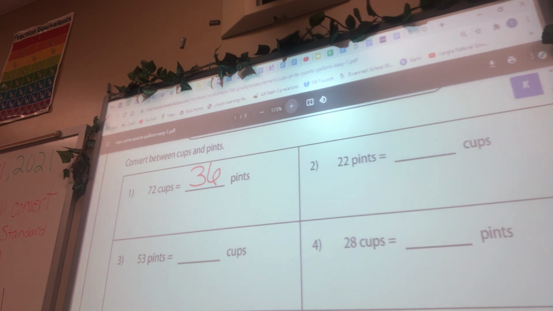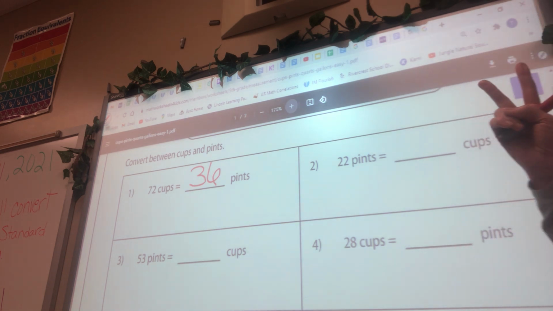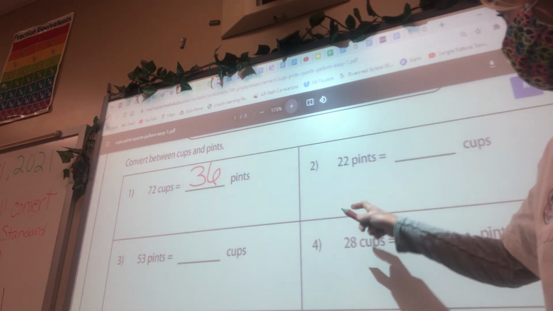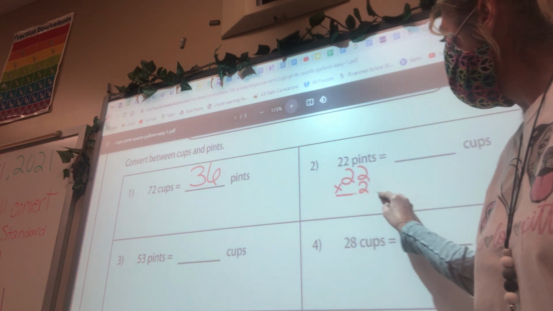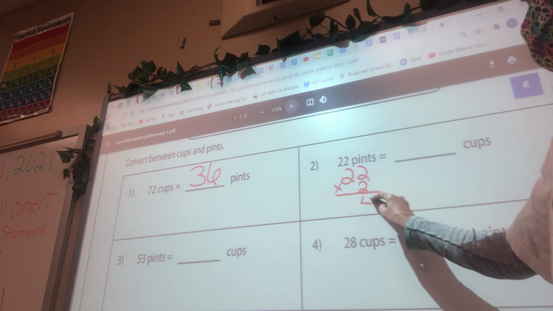All right, so look at your Big G sheet. We're doing pints and cups. So what am I going to multiply by? 2, because there's 2 cups in each pint. How many pints do I have? 22. So 22 times 2 would be 44.